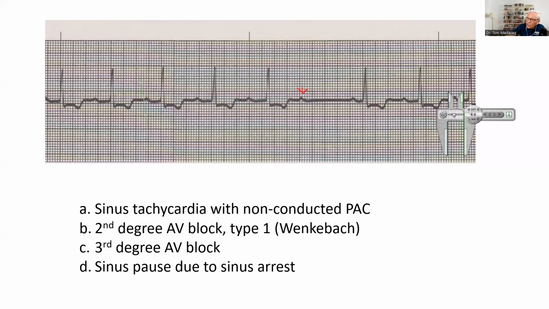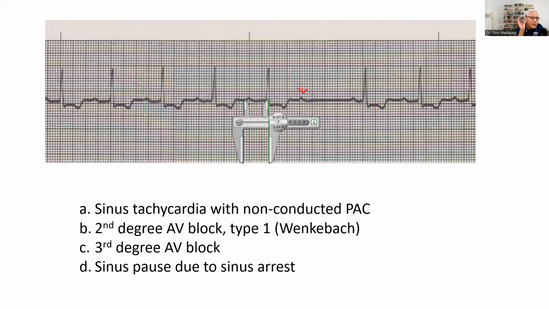Now, if we take a look at the P waves right over here, and the PR intervals, I should say, we notice that there is a gradual prolongation of this PR interval. See, it becomes longer, and therefore this is a manifestation of a second degree AV block type 1.